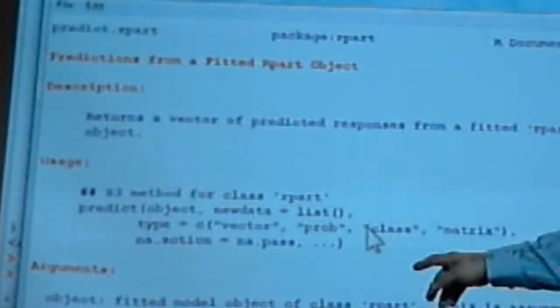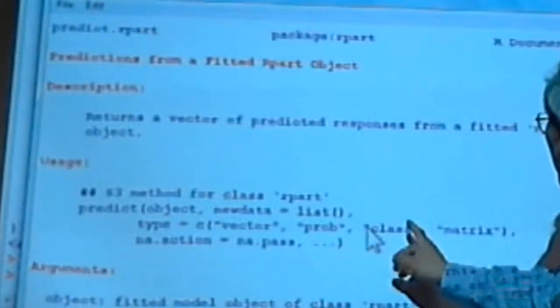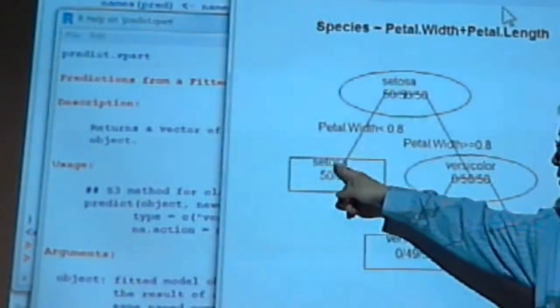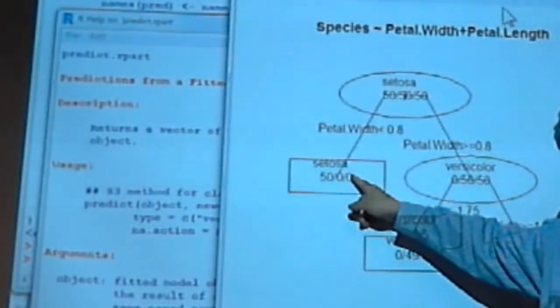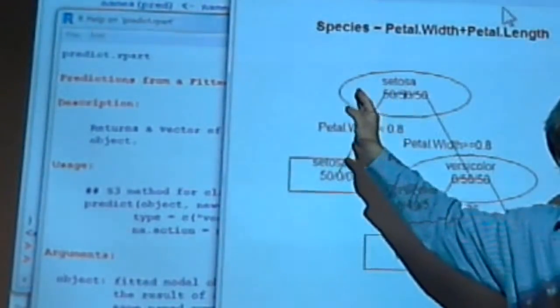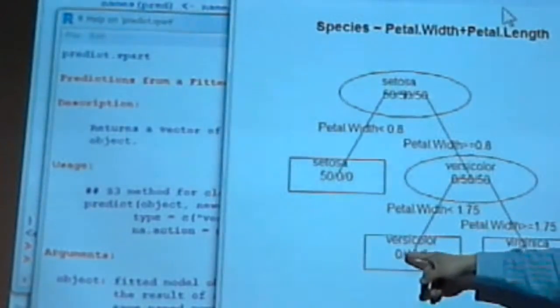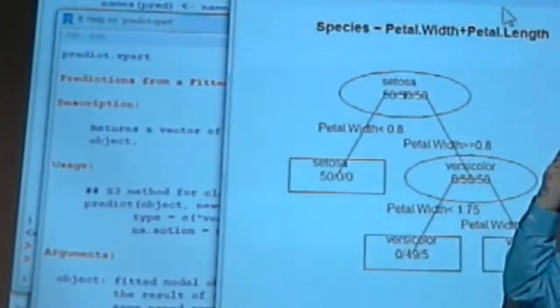The type used by default is vector, which means that you just give the class frequencies. Remember in the class notes, basically it gives this frequency 50 for Setosa, Versicolor, and Virginica, if the observation belongs to that. And so Versicolor with this class identity. So these are for vectors.